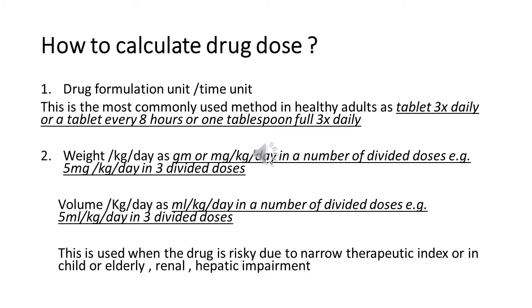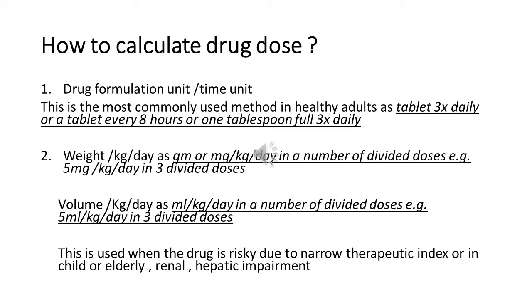This is the most commonly used method in healthy adults, such as a tablet three times daily, or a tablet every 8 hours, or 1 tablespoonful 3 times daily. You just state the tablet or capsule or, for example, tablespoon, and how many times per day.